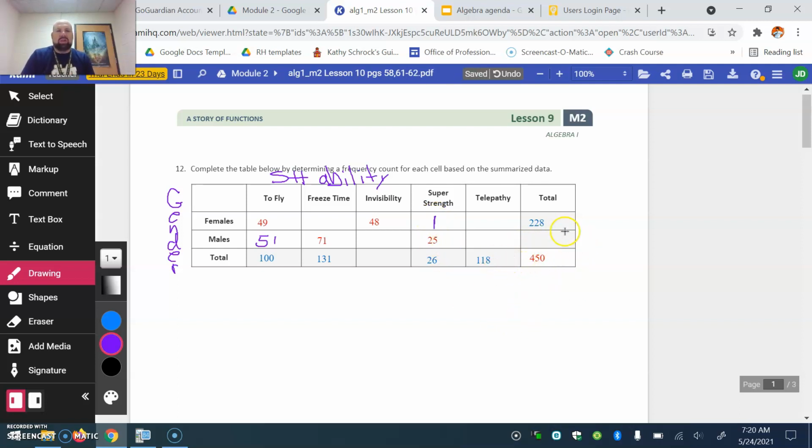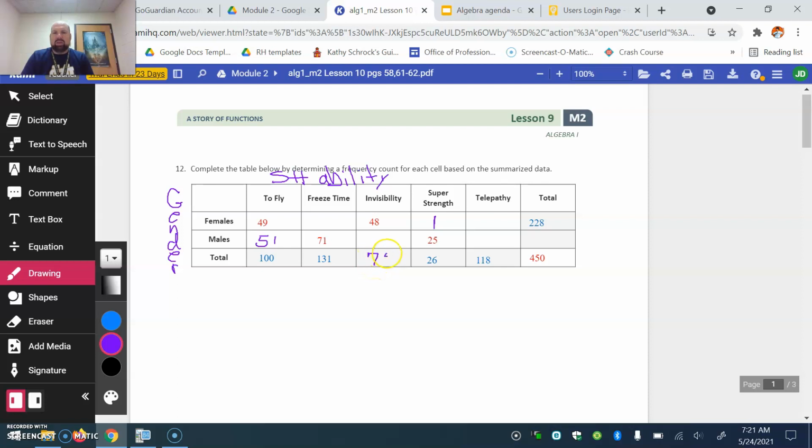Let's do another one here. This one here would be tricky, and so would this one because I have 48. But what I know is all of these have to add up to 450. So if I were to add 100, 131, 26, 118, and then subtract that from 450, I would get, I think it's 375 is what I get when I add them.